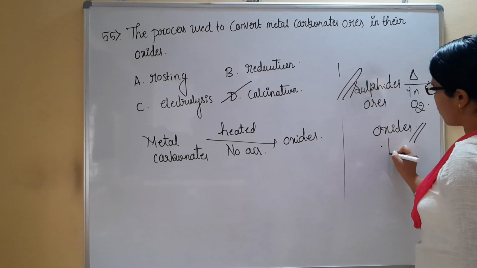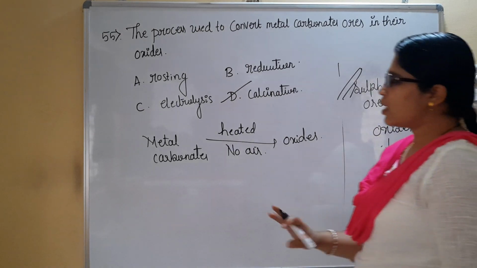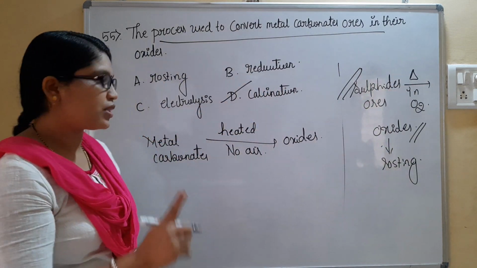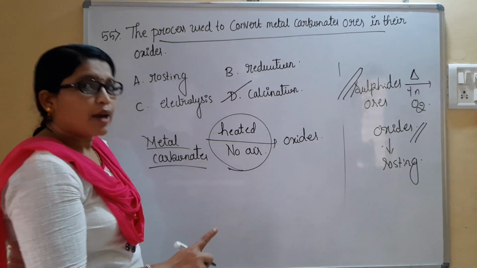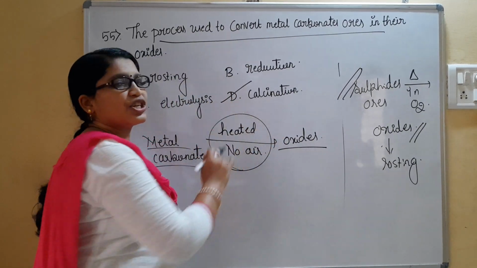This process is called roasting. And the correct option for the process of conversion of metal carbonates: whenever we consider metal carbonates, they are heated in the absence of air to form the oxides. That process is called the calcination process.